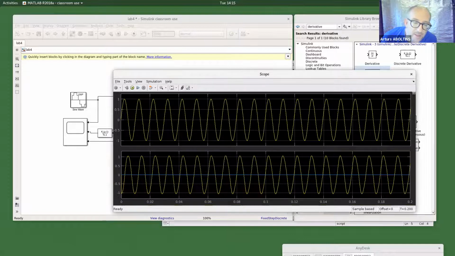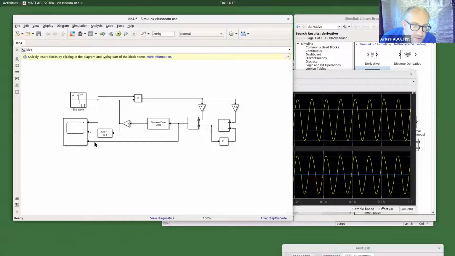So it always groups together the last 2 signals. The only solution in this case would be just to delete this and move it to the last 2 ports.